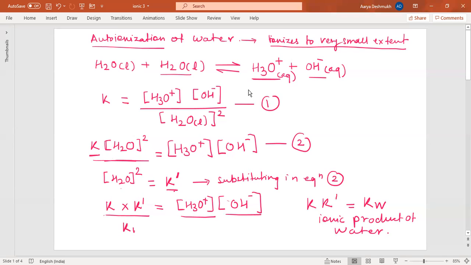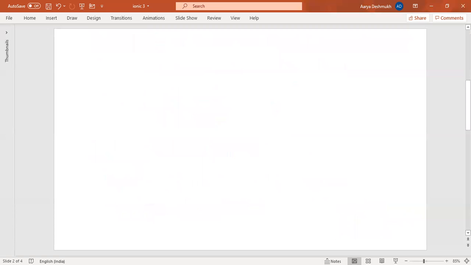So I can write in terms of Kw the same thing: H3O, the concentration of protonium ion, into the concentration of OH minus ion. Whatever I wrote in this equation, we can write in words also. Kw is equal to K into K dash, isn't it?